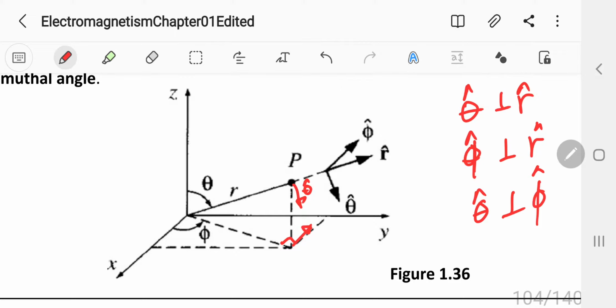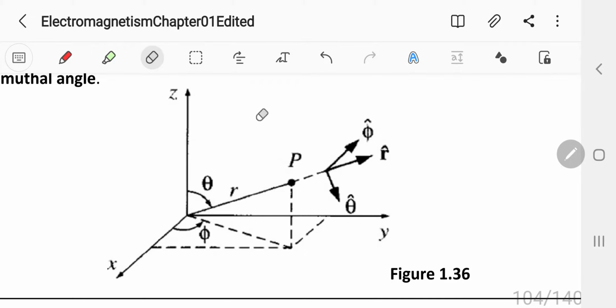So they are mutually perpendicular, and for every point that you have, for example, another point here, you will have a distance r prime maybe. So your r prime hat would be this one. It's different now to r hat.